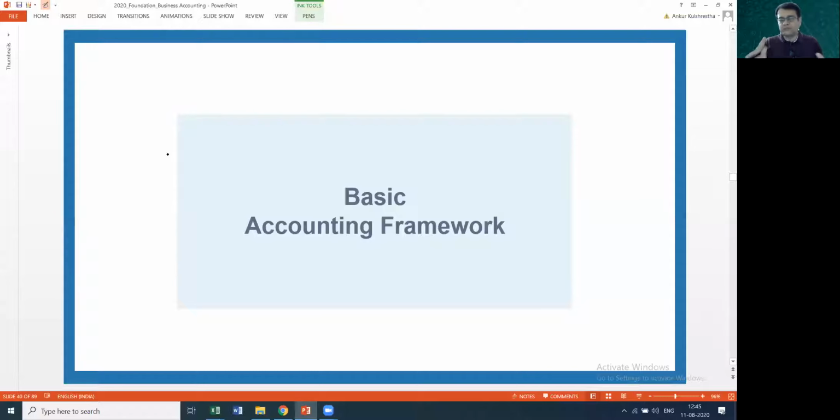Accounting framework, but the word framework is pretty much the sum total of the overall system in every country, and more or less it is similar. I'll highlight where the systems are a bit different, but more or less each country has a similar infrastructure.